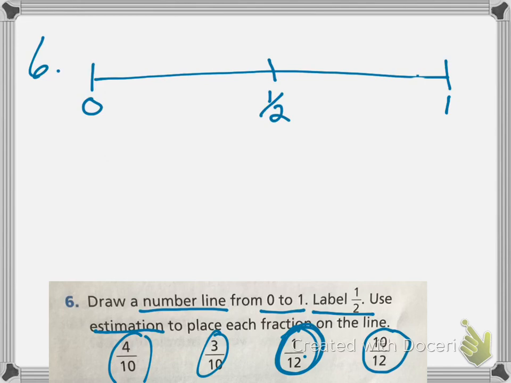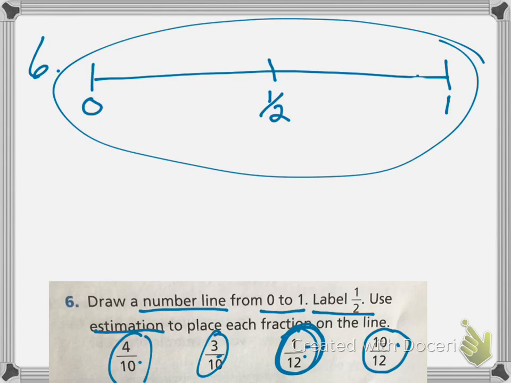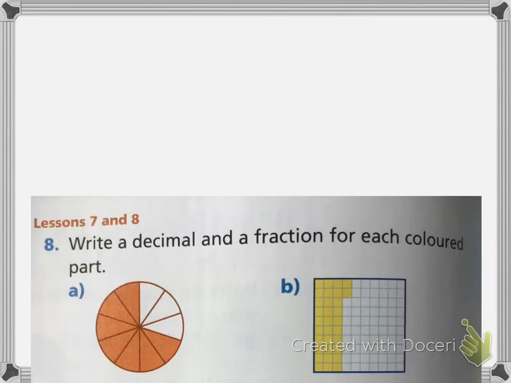Think about whether those are greater than half or less than half. That'll help you. Okay, pause until you're ready. Okay, so if you were done that one, you should have 4 numbers marked in on here. Okay, there should be 4 numbers marked besides the ones that are already there.